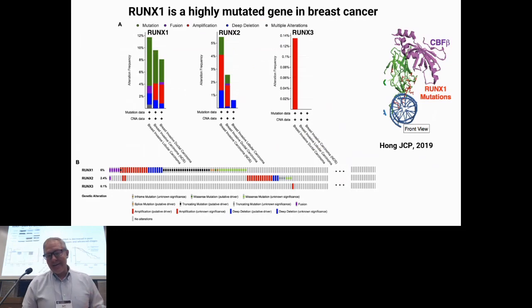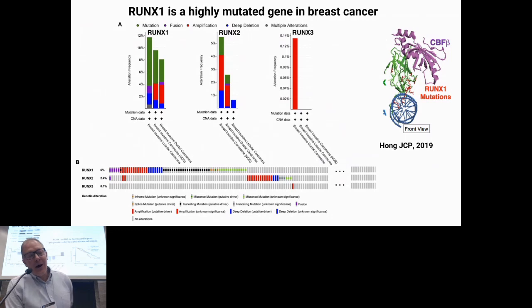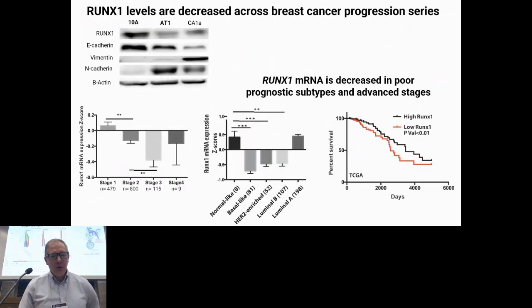In TCGA data, you can see RUNX1 expression is high in early stage and decreased in late stage breast cancer. Importantly, high expression of RUNX1 is a more favorable outcome in breast cancer patients.